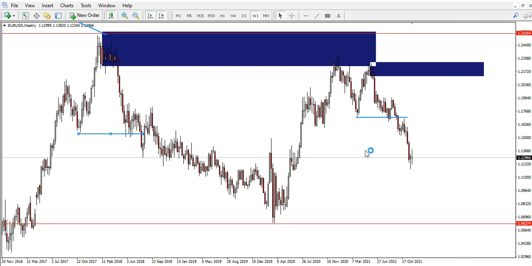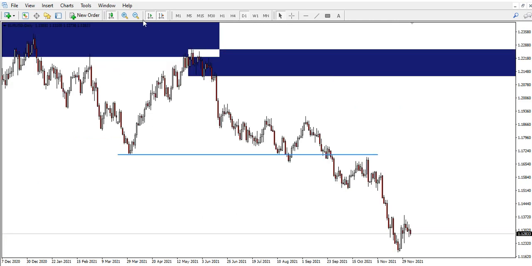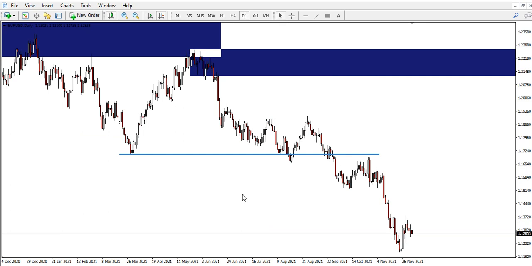Why do we go down to the daily time frame? Because there's something happening here which is not very clear on the weekly time frame. So let's go to the daily time frame. We are now on the daily time frame.